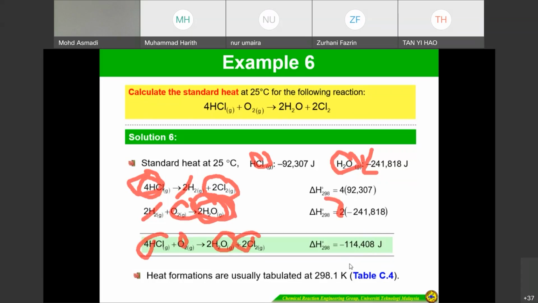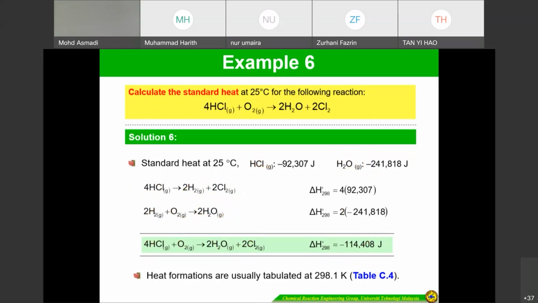So we can get 114,408. Any questions? Heat of reactions, I think is clear. Is it okay? Okay, let's move to the heat of combustion.